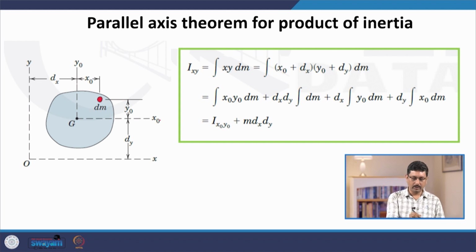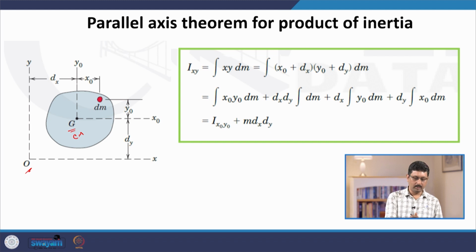One is x naught y naught, where G is the center of mass position and we take G as the origin, so x naught y naught is a reference coordinate system in which the mass distribution is symmetric. Then we take an arbitrary coordinate system OXY, with an arbitrary origin location O, in which the mass distribution is asymmetric.